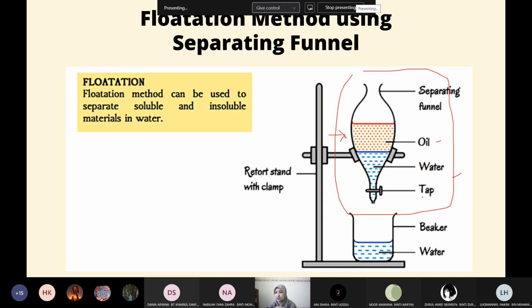So we use this tap ataupun stop cock to release the water, to remove the water. So the water can flow to this beaker and we can separate oil and water. So yang ini kita guna konsep flotation, different density. Alright. Okay tak untuk yang ini?